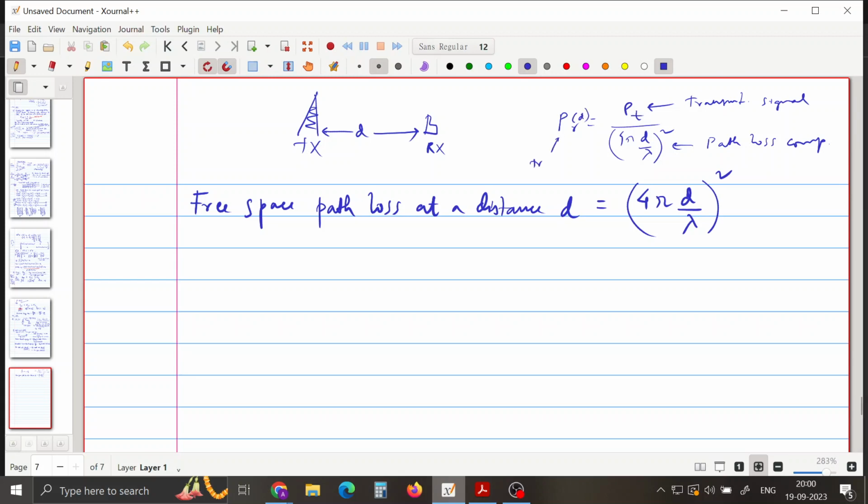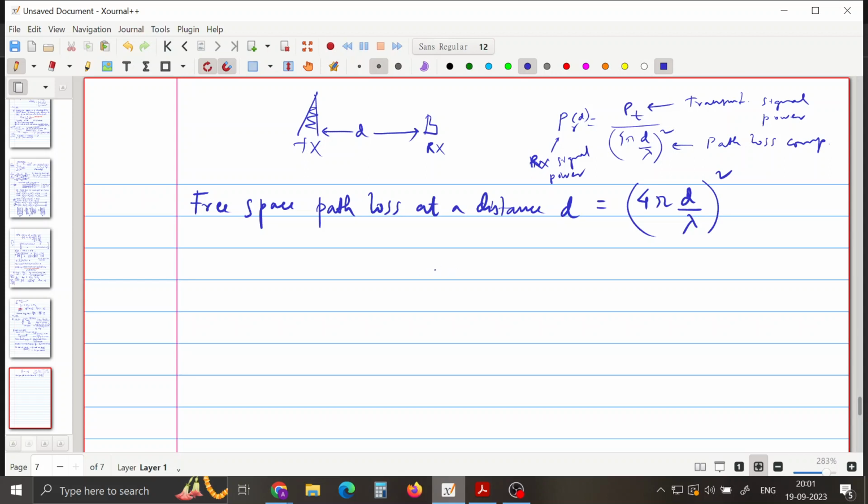Here d is the distance and lambda is of course the wavelength. You have already studied this in the initial weeks. So this is the expression for the free space path loss.